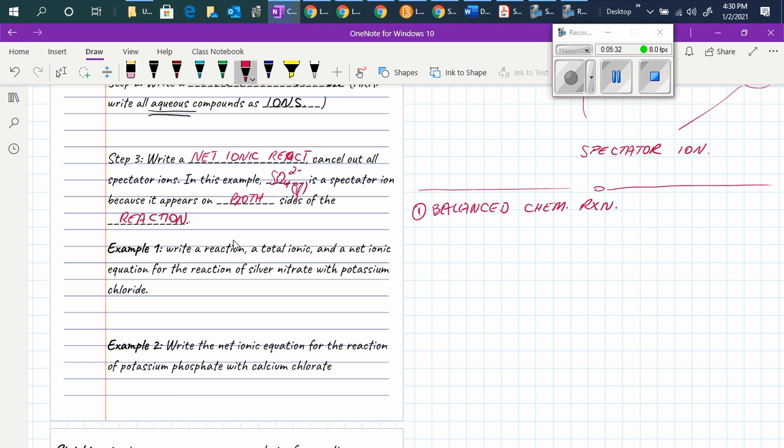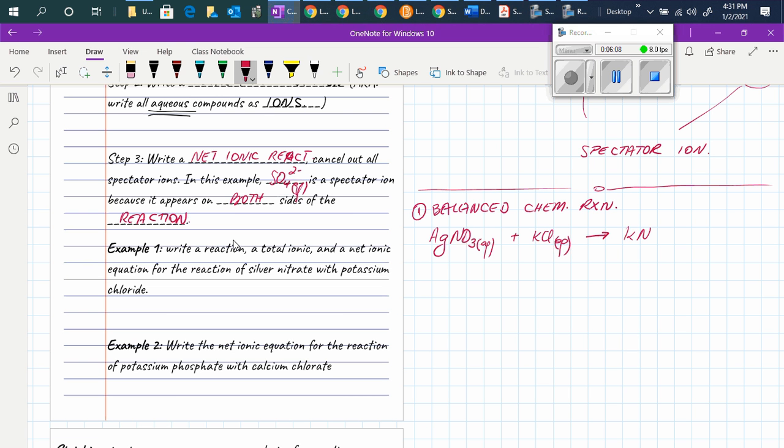So what we have is silver nitrate. And if you refer to the solubility table of your data booklet, then you will notice that it is soluble, and potassium chloride is soluble as well. This is a double replacement reaction.